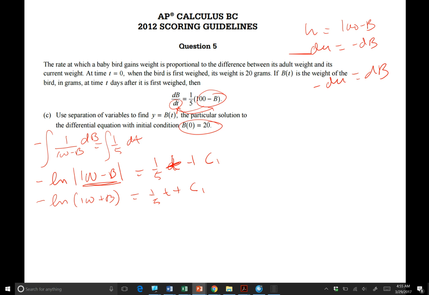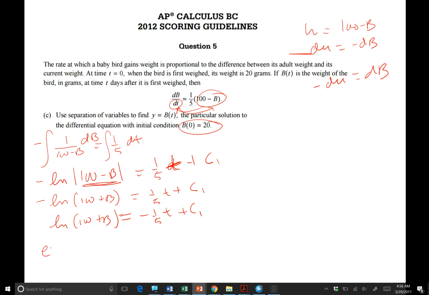Now, in order to get rid of that natural log, I would exponentiate it. Actually, what I'm going to do first is divide that negative over to the other side. So the natural log of 100 minus b equals negative 1/5 t. And if I divide by a negative, it's still a constant, so plus c sub 1.